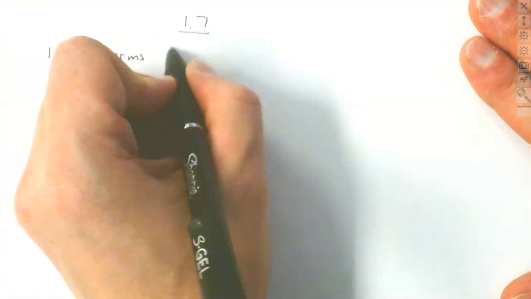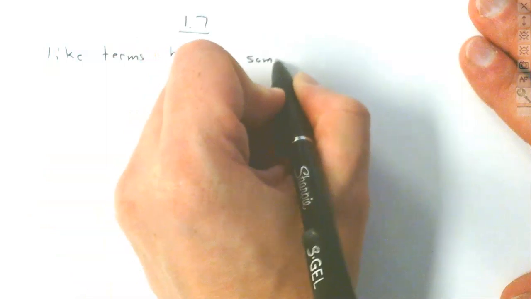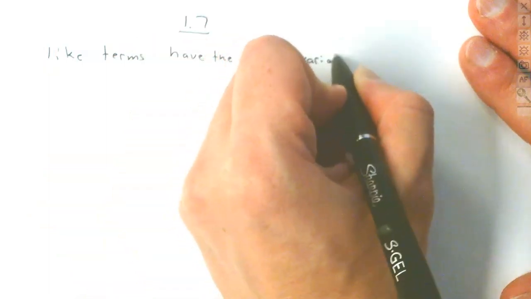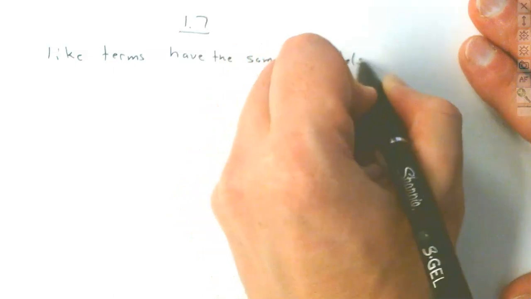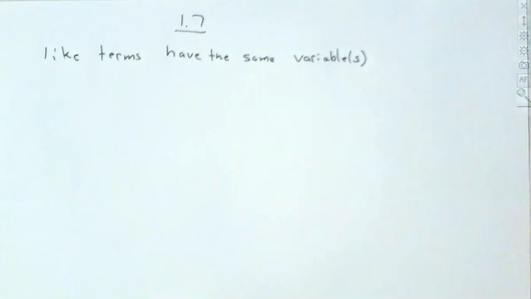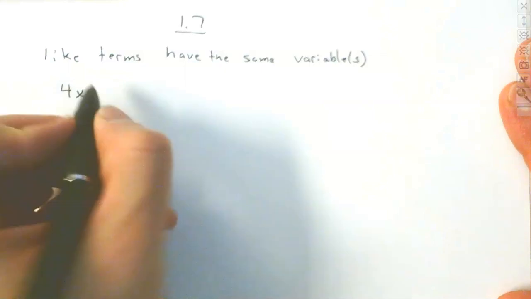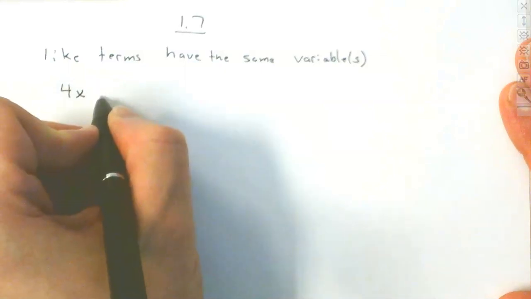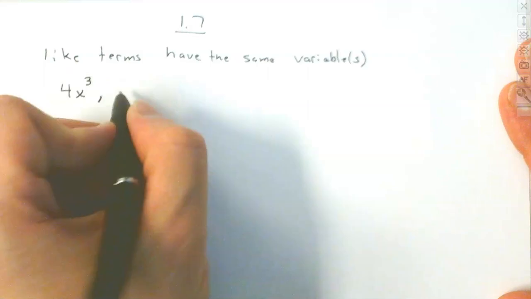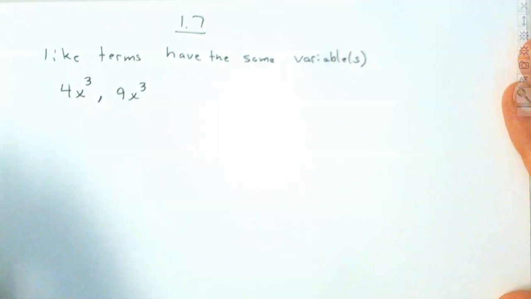So like terms have the same variable, or variables, because in some cases, they may have more than one variable. 4x cubed and 9x cubed.